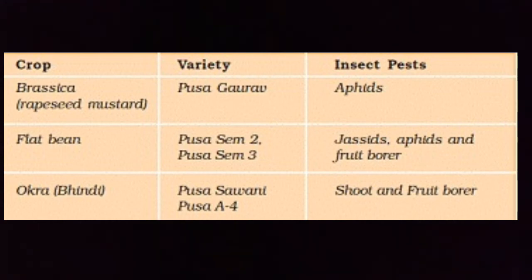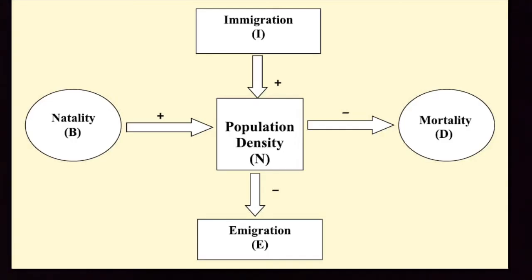So during final revision, revise Pusa A4 properly one time, for what kind of insect pest this variety is resistant. In addition, you remember Pusa Gaurav. Pusa Gaurav is resistant to aphids, and it is a variety of the crop mustard or brassica. Now we come to the next table.